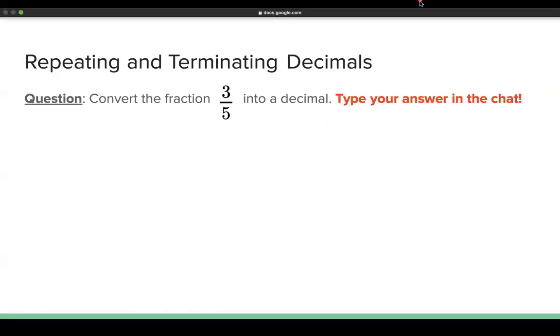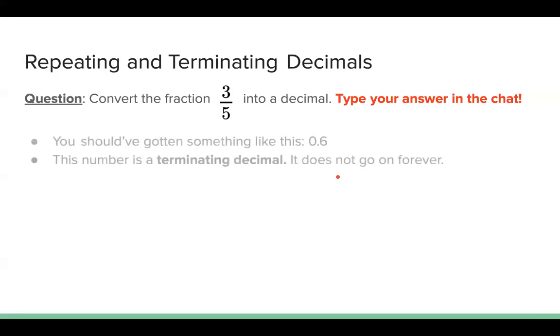It looks like more of you are saying 0.6, and that would be correct. 3/5 is equal to 6/10. If you multiply the 3 by 2, and the 5 by 2, then that equals 6/10, which would be 0.6. Because 6 divided by 10, you move the decimal point over, and you get 0.6.